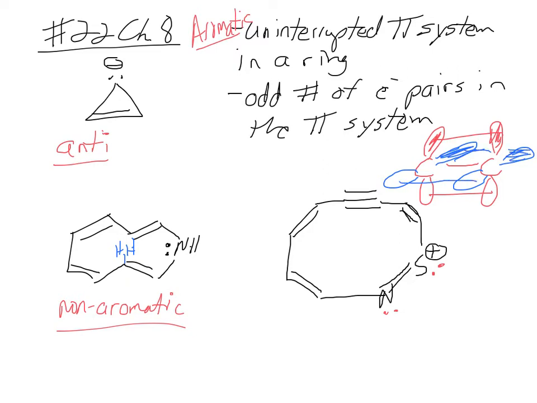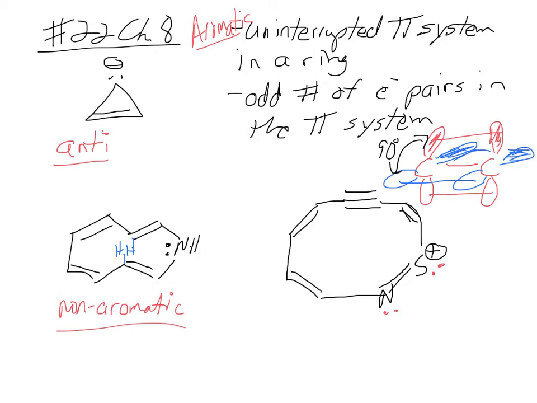And what is the bond angle from here to here? 90. All right, so one of these pi bonds is part of the pi system, but the other one is not. I don't know which one, but one of them is part of the pi system, and the other one is not. Just like these lone pairs are not part of the pi system, one of these pi bonds is not part of the pi system. Cool?